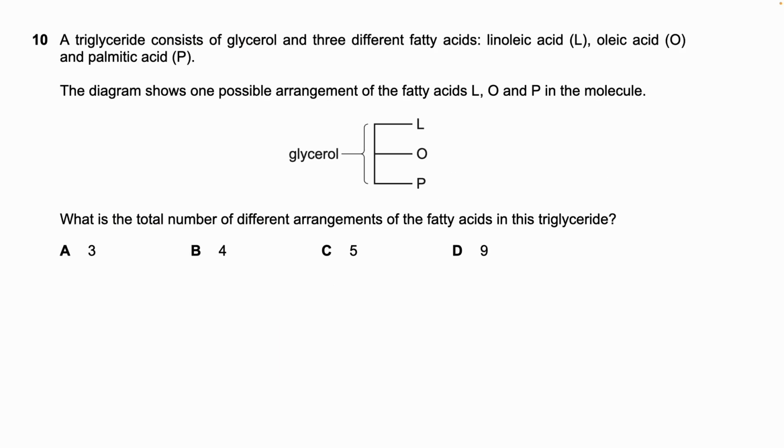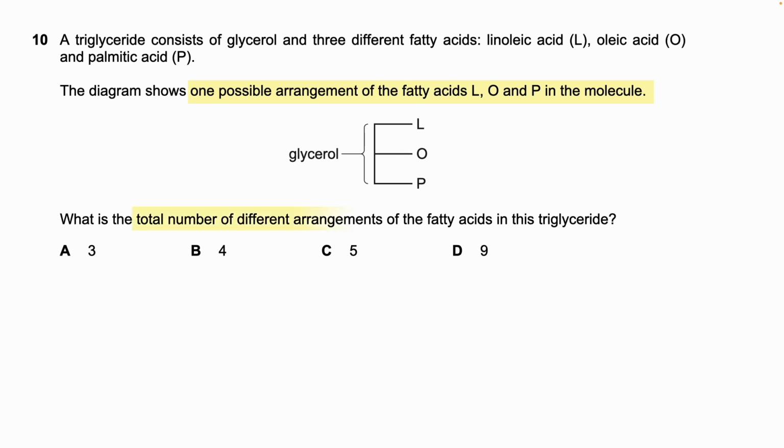Question 10. A triglyceride consists of a glycerol and 3 different fatty acids: linoleic acid, oleic acid and palmitic acid. The diagram shows one possible arrangement of fatty acids L, O and P in the molecule. What is the total number of different arrangements of fatty acids in the triglycerides?